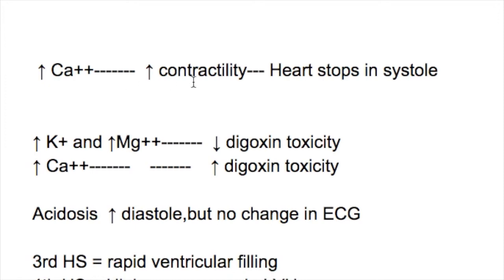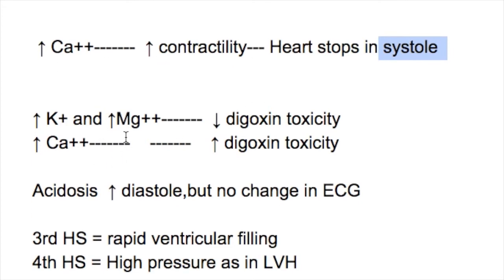Hypercalcemia increases the contractility and the heart stops in systole. So in hyperkalemia the heart stops in diastole, and in hypercalcemia the heart stops in systole because it increases the contractility.